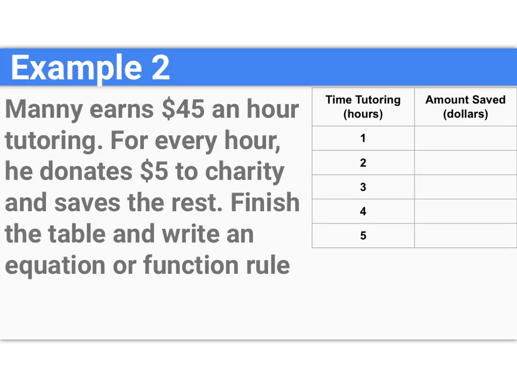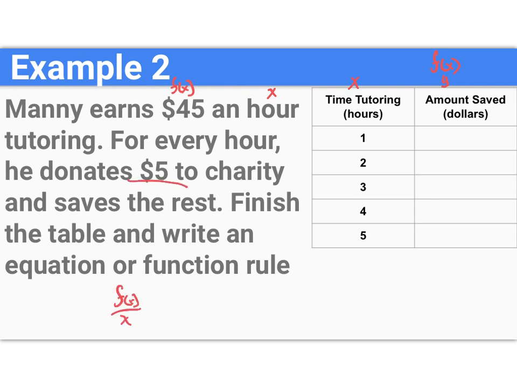Okay, let's look at our second example. What are we given? We see that hours is on the left, so that means it's x. Dollars is on the right, so that means it's y. But when we're talking in terms of functions, we have f of x instead of y. So hours is our x, dollars is our f of x, and the rate of change in a story is f of x divided by x.